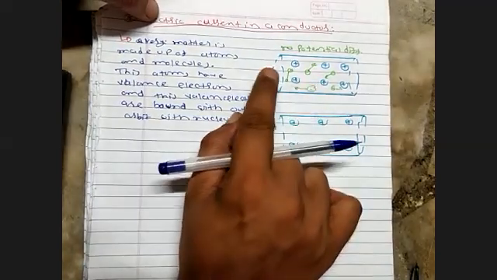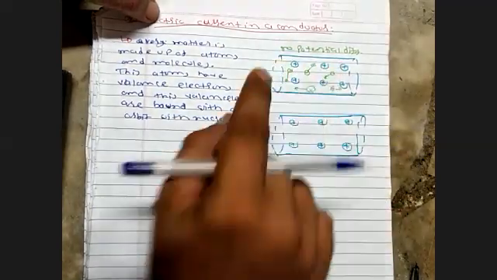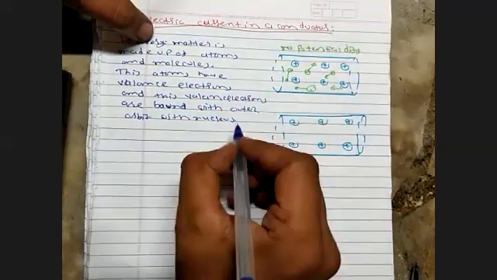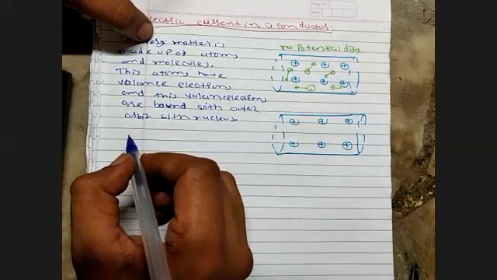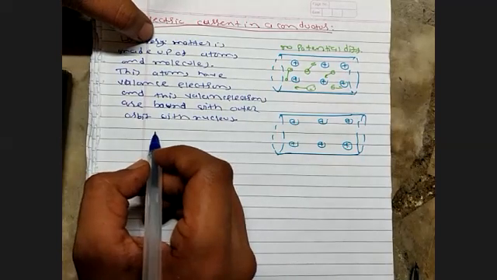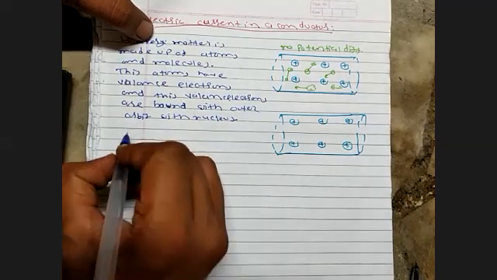It does not come outside of the conductor, and it only moves on the surface of the conductor if you provide a little amount of energy. This little amount of energy is gained from room temperature.